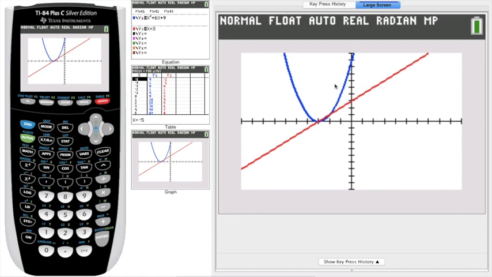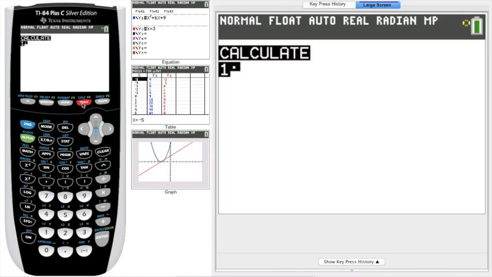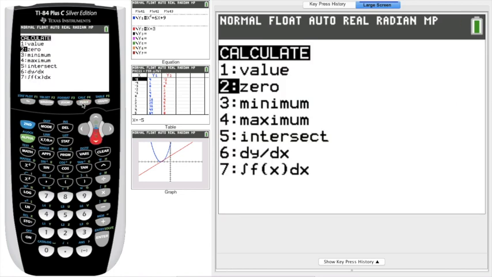Now, as far as how many solutions, it looks like it crosses twice here. It looks like over here at -3, and then this might be -2, 1, but sometimes they won't be nice points. So to figure out for sure where they intersect, we can hit second trace, and then scroll down to intersect.